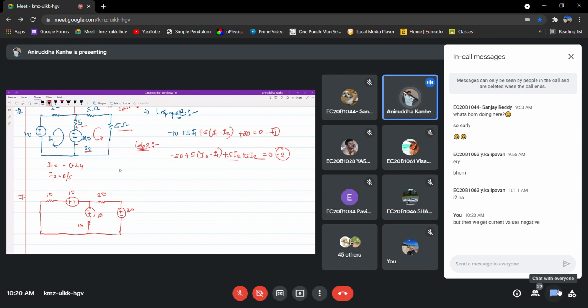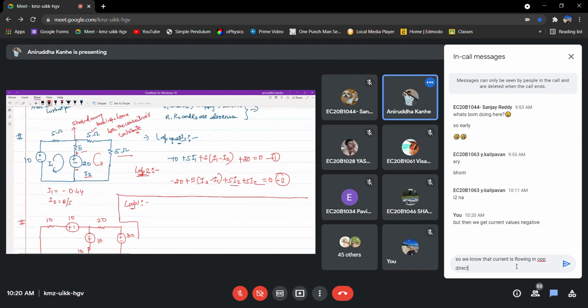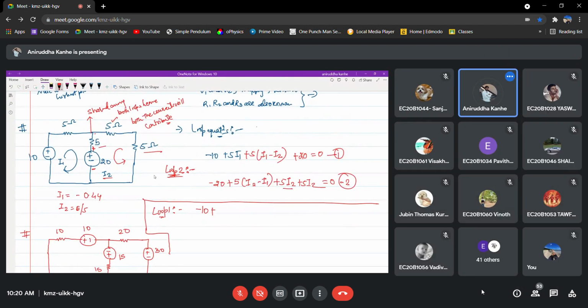Let us start writing for the loop current for loop 1. So what will be the loop equation? Minus 10 plus 5 into I1. And now what about this I2 current? This I2 current is also entering from top to bottom. Am I right? Yes, sir.